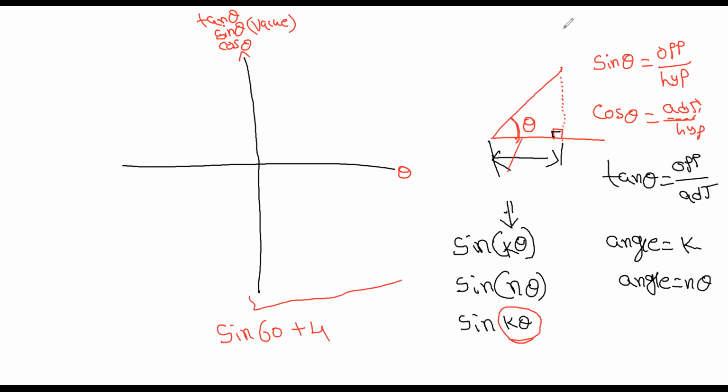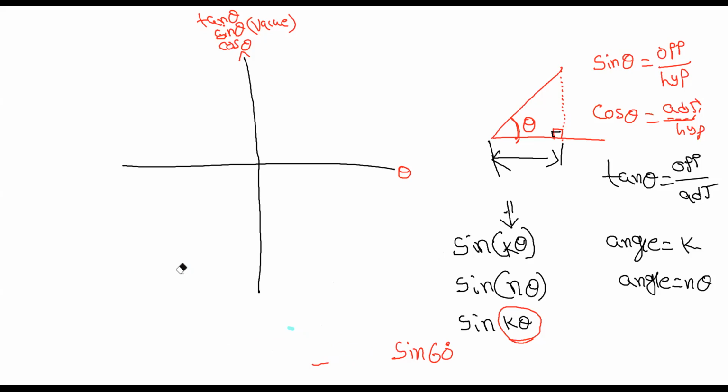That's why for addition, subtraction, or anything, we have to write it before the function itself. So 4 plus sine theta. That's it. So these are the terminologies that we have to know.